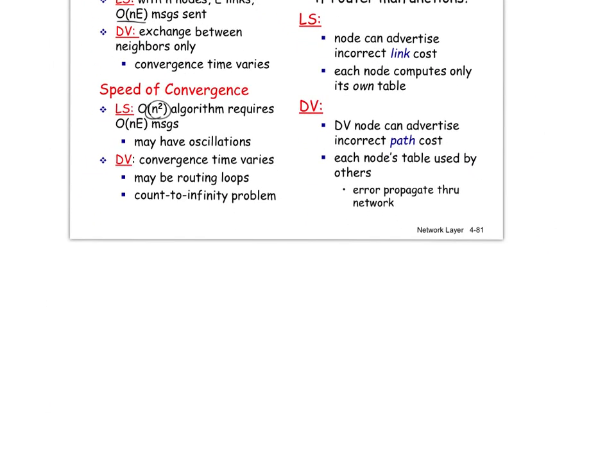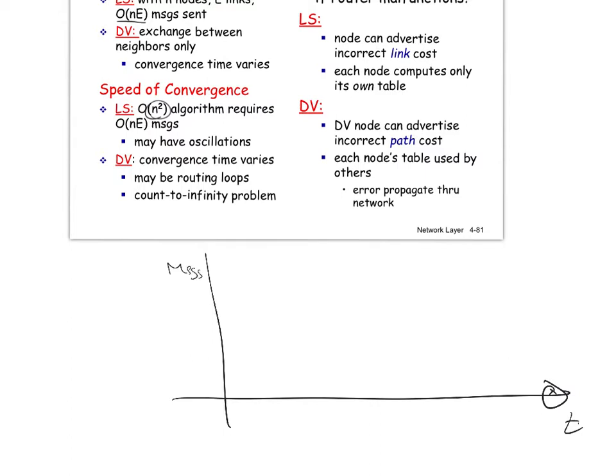And that's why, as I showed you last time, in terms of, this is the time, and this is the number of messages through route updates. For link state routing protocol, at the beginning, we have to do flooding, right? So flooding will have to spread to the entire network, so the number of messages through route updates at the beginning is very, very high.